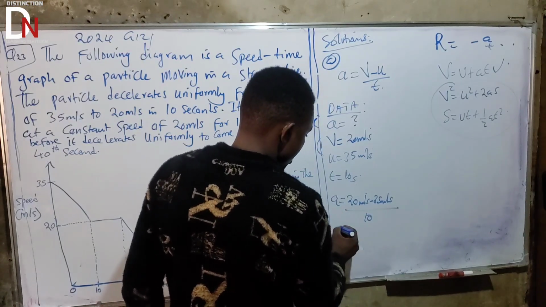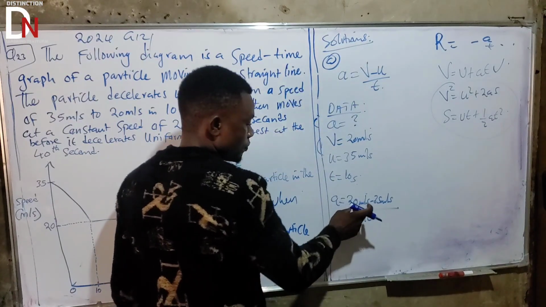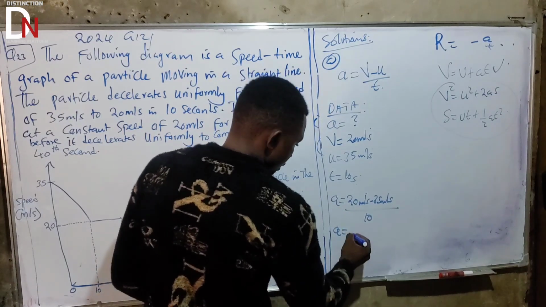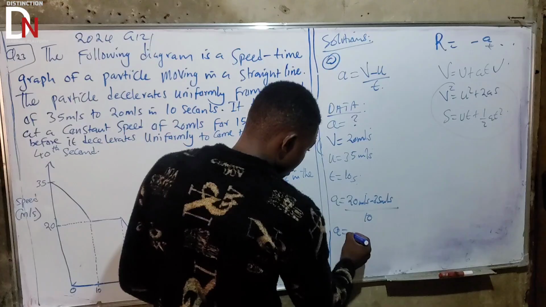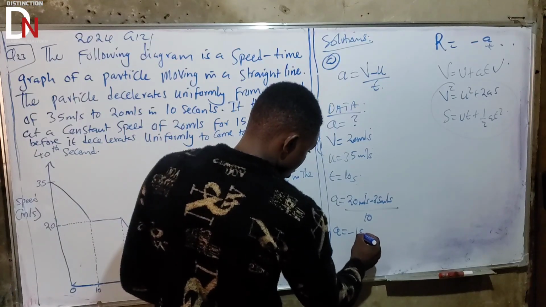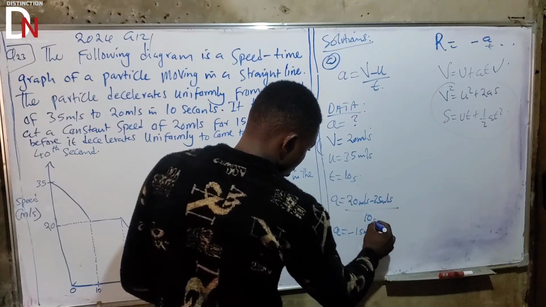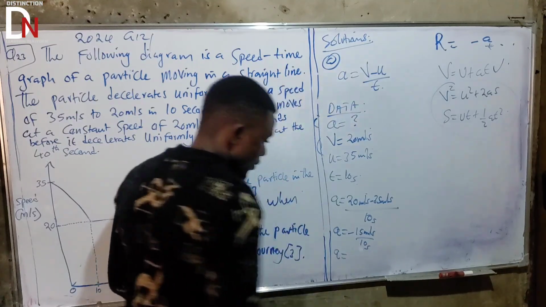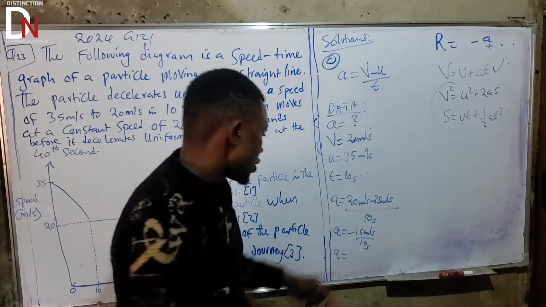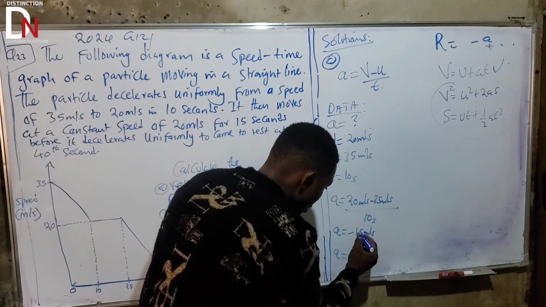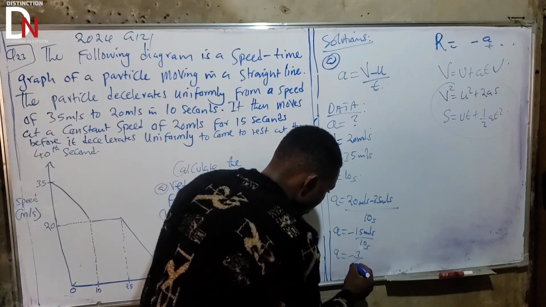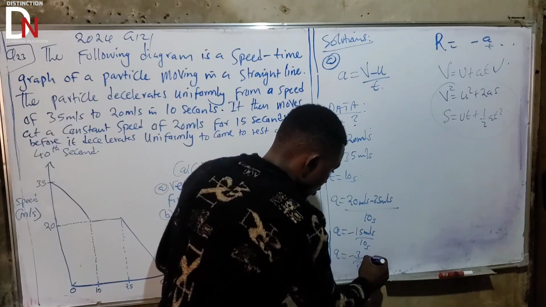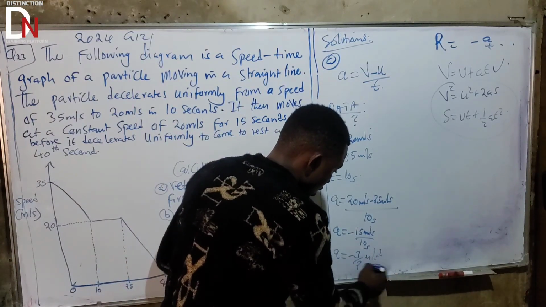This is equal to 20 minus 35, which is negative 15 meters per second divided by 10 seconds. This can be reduced: 5 goes into 15 three times, and 5 goes into 10 twice. So this is negative 3 over 2 meters per second squared.